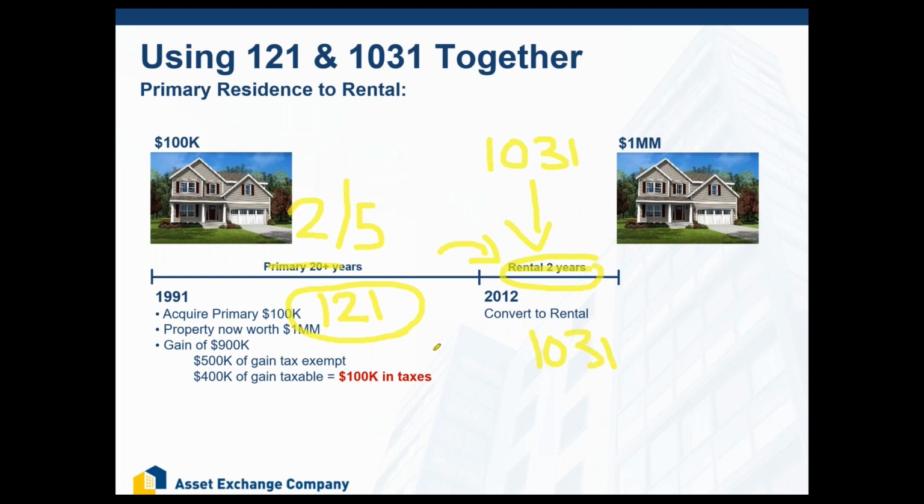So when you sell this property, you have 2 tax laws that you can take advantage of. Both the 1031 and the homeowner's exemption apply. And you can sell this property and pay absolutely nothing in tax liability.